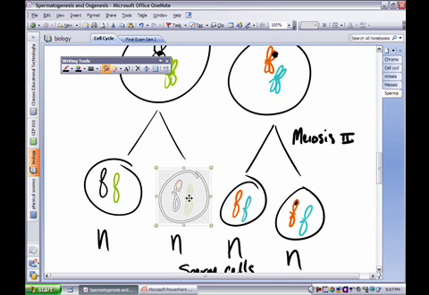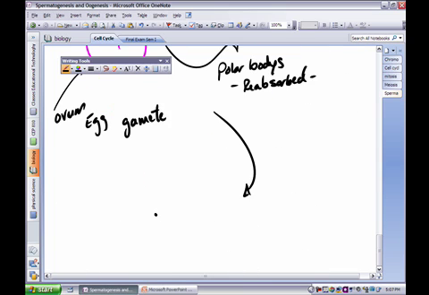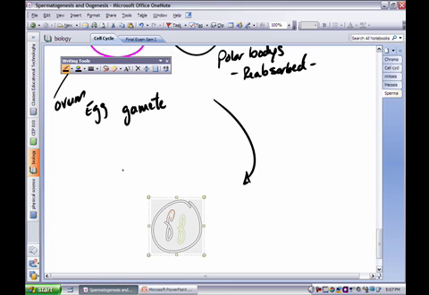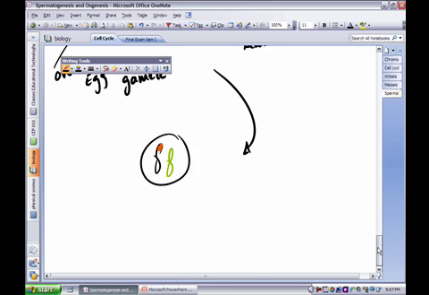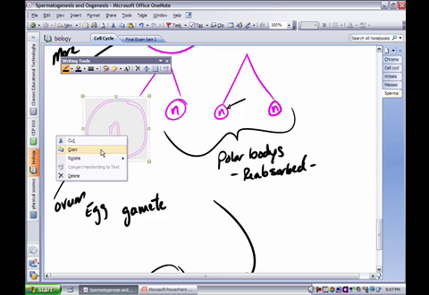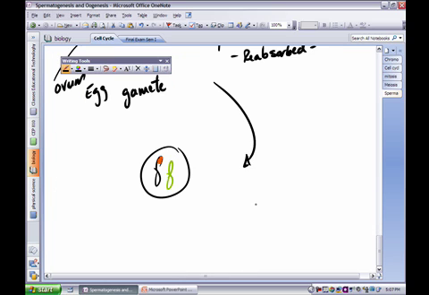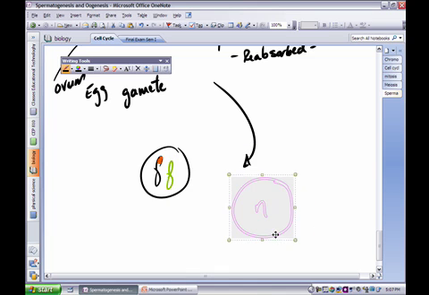We're going to steal that cell and paste it down here. There it is. That's going to be our sperm cell, and it is going to fertilize this egg. There it is.